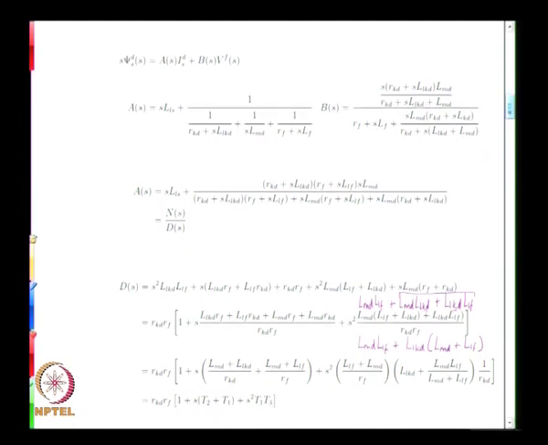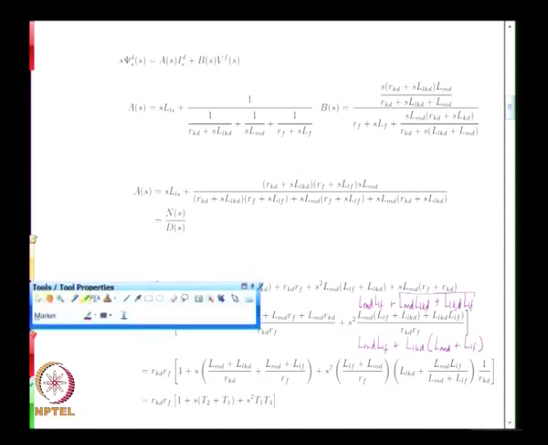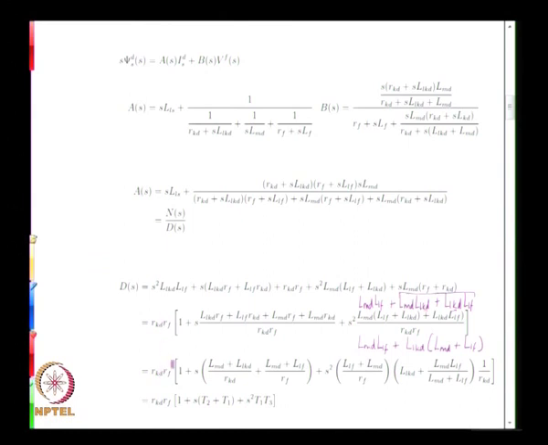So, with that what we can do is, RKD RF remains as it is, you have 1. Now, these terms can be simplified to a form that looks like an L by R ratio.